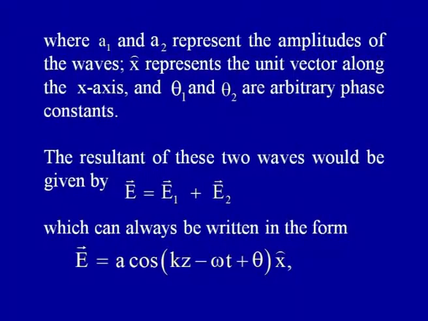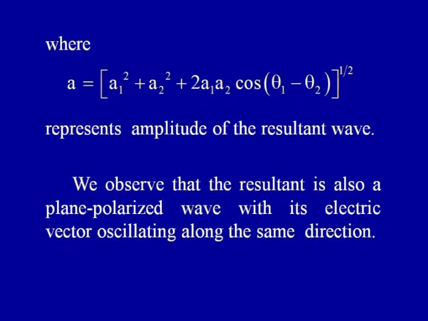Now, this can always be written in a form like this: E is equal to A times cos of (kz minus omega t plus theta) along the x axis naturally, where this A is given by the square root of A1 square plus A2 square plus twice A1 A2 times cos of (theta 1 minus theta 2). This A represents the amplitude of the resultant wave, resultant of the superposition of the original two waves.